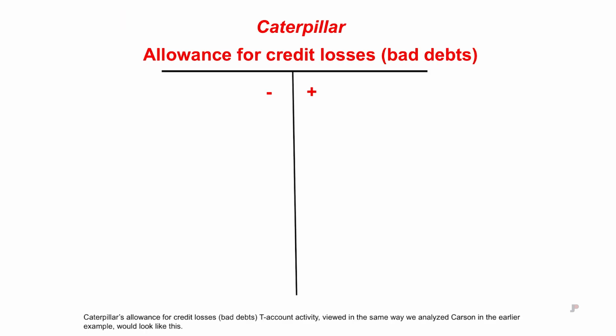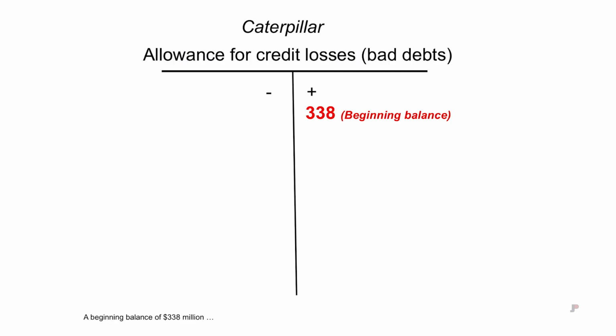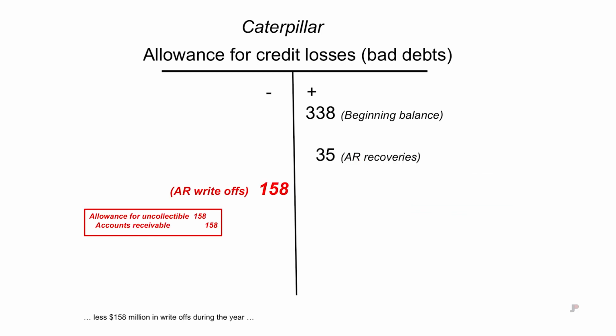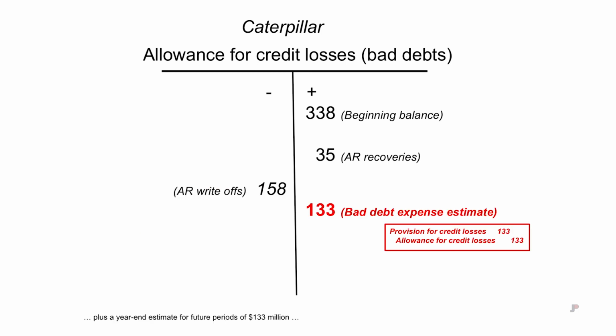Caterpillar's allowance for credit losses bad debt T account activity, viewed in the same way we analyzed Carson in the earlier example, would look like this. A beginning balance of $338 million plus $35 million in recoveries during the year, less $158 million in write-offs during the year, plus a year-end estimate for future periods of $133 million.